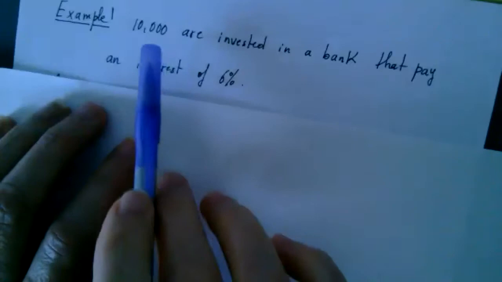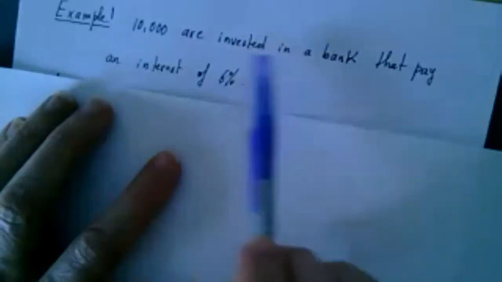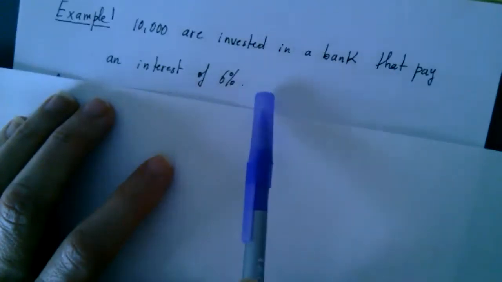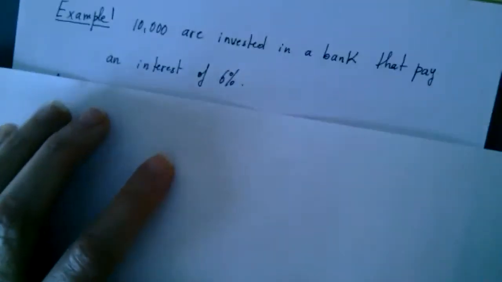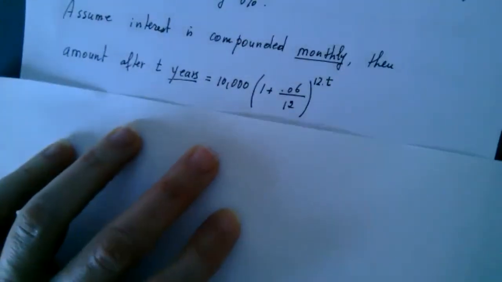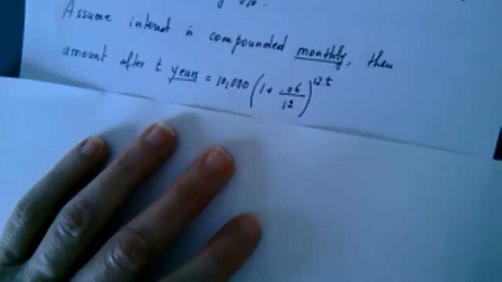So suppose we have $10,000, and we invest it in a bank that pays an interest of 6%, and the interest is compounded monthly. Then my question is, effectively, how much interest am I getting after 1 year? More than 6%, but how much? 6.16. Okay, we have figured it out.